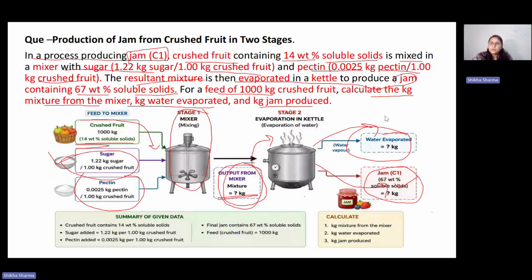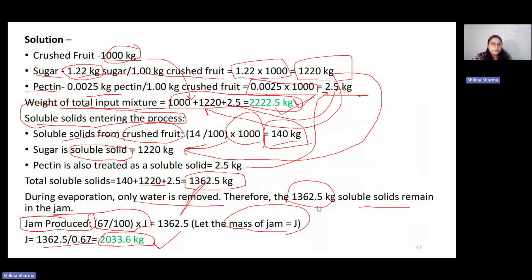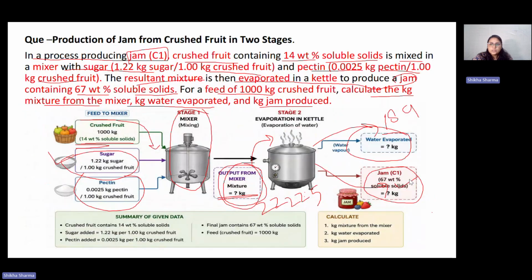So here this water is around 189 kg, this mixture is around 2222.5, and the jam which is produced is 2033.6.